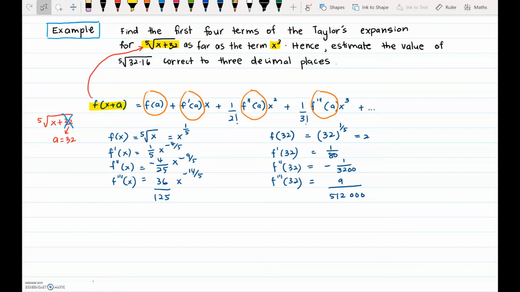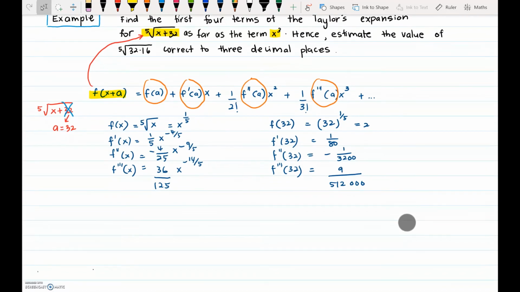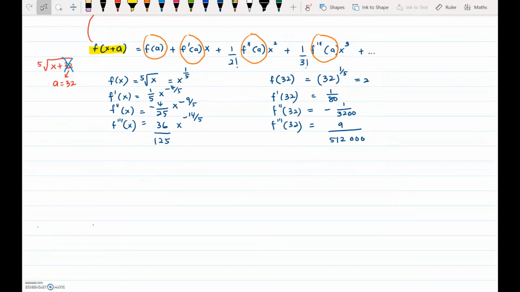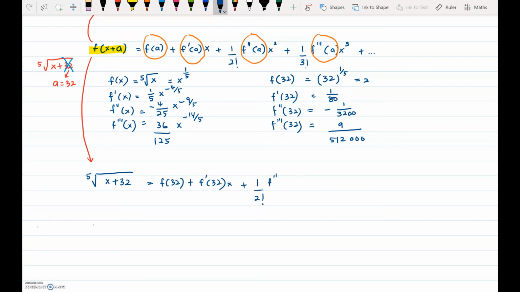All right, okay, next we will continue substitute in your series. So we have here the series of f(x plus a). So the series of f(x plus a) will be root 5 of x plus 32 equals to f(32) plus f prime 32 x plus 1 over 2 factorial f double prime 32 x square plus 1 over 3 factorial f triple prime 32 x cube plus dot dot dot.